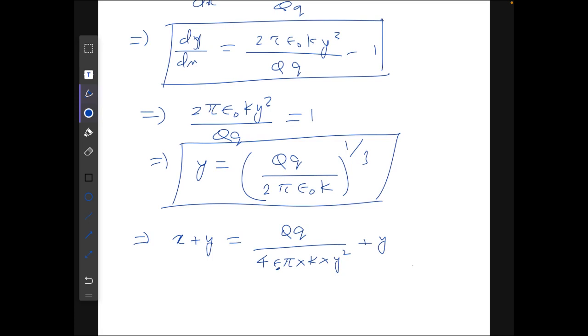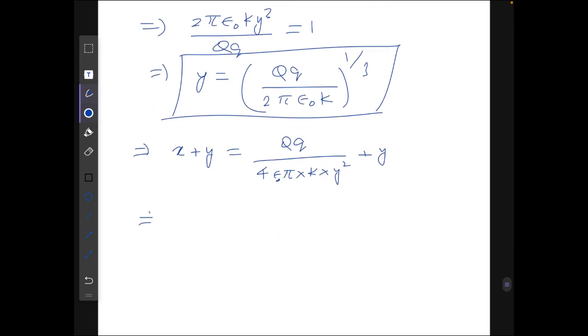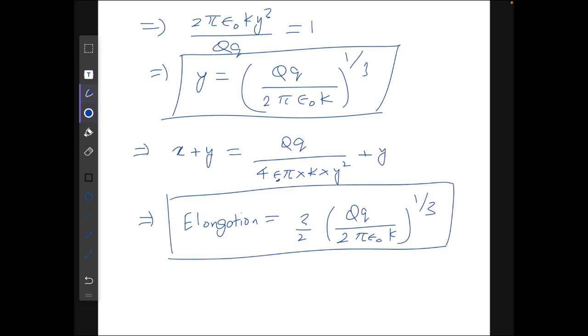On substituting the values, the final answer we get is elongation equals 3 by 2 times (q over 2 pi epsilon naught k) to the power 1 by 3. So yeah, this is the final answer. Thank you.